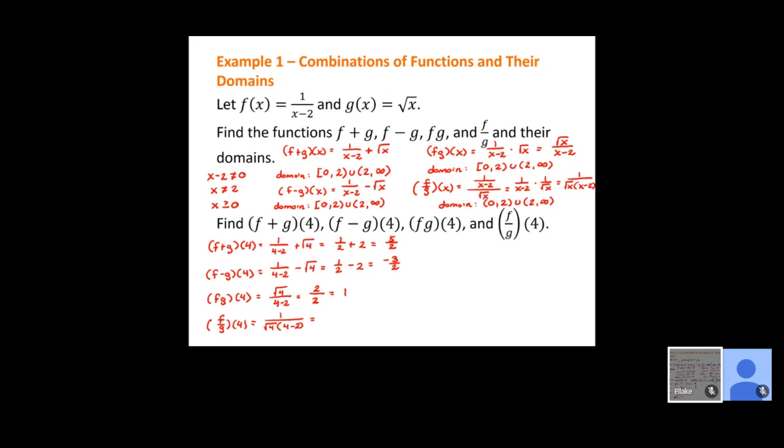So if we simplify that now, we have 1 over square root of 4 was 2. 4 minus 2 is also 2. And so what's that answer going to be? 1/4. That's it. Any questions on those now?